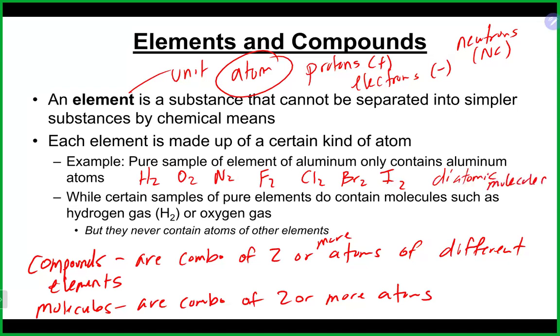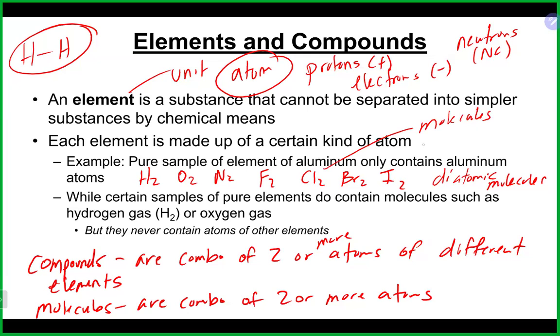The way that we find hydrogen by itself, uncombined, is as two hydrogens bound together, a diatomic molecule. Each of these things, hydrogen, oxygen, nitrogen, fluorine, chlorine, bromine, and iodine, are all molecules because they are made up of two or more atoms together.